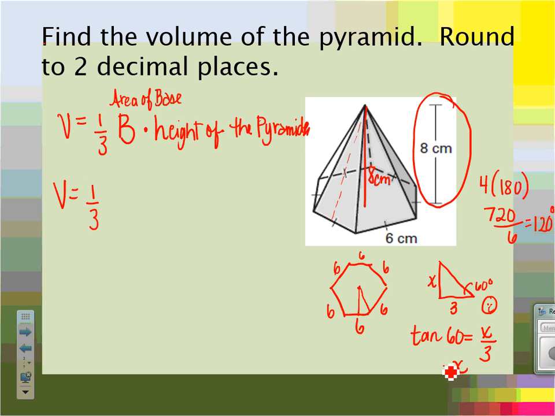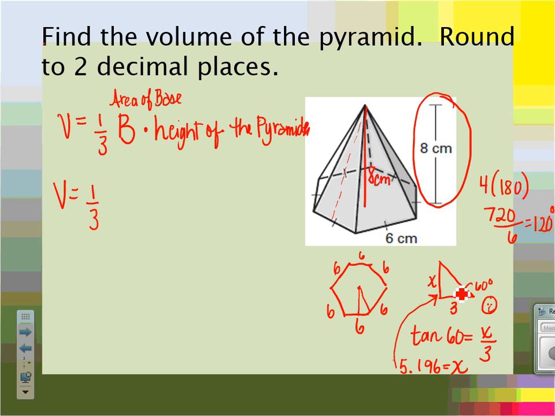And x would be, let me see if I can figure that out, x would be 5.196. Okay, so the height of this little triangle within the hexagon would be 5.196.